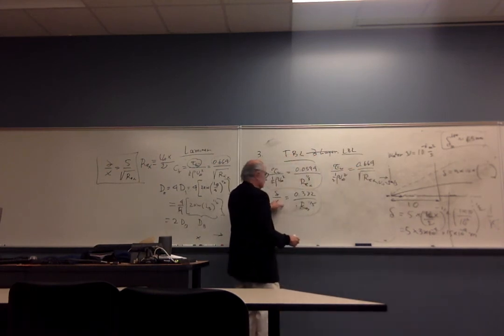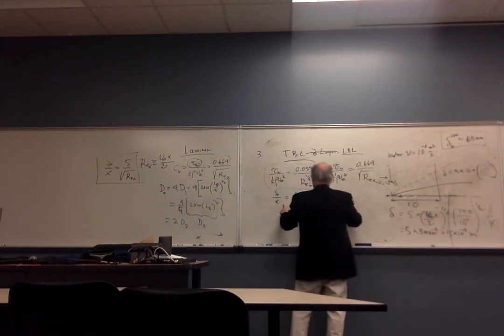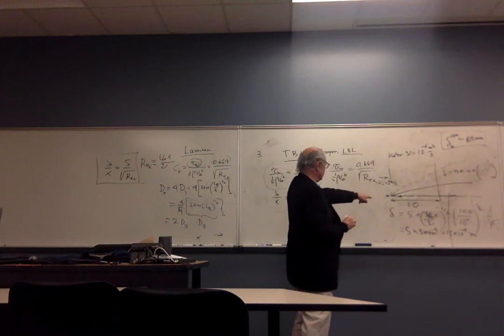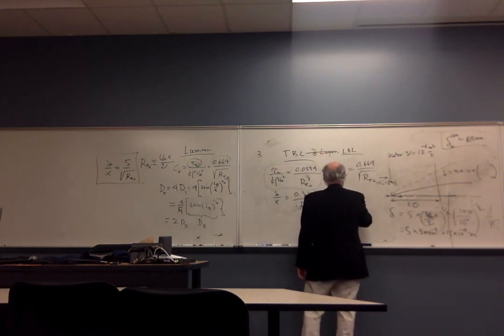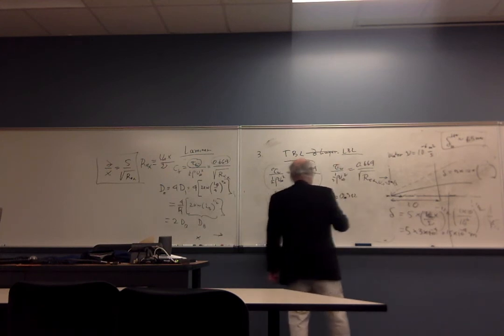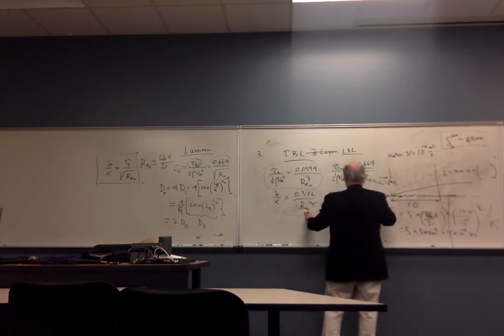Here it is. So here delta is going to equal 0.382 times x times the same Reynolds number to the minus a fifth.